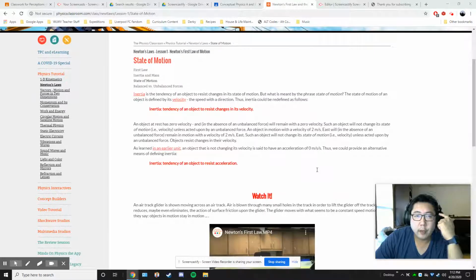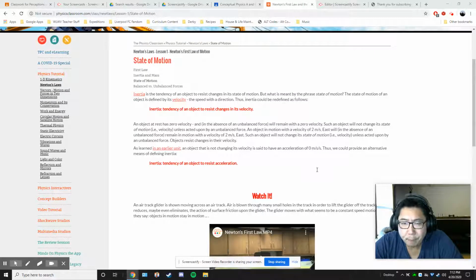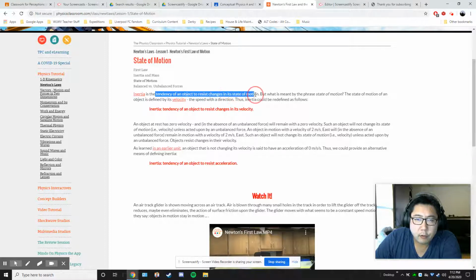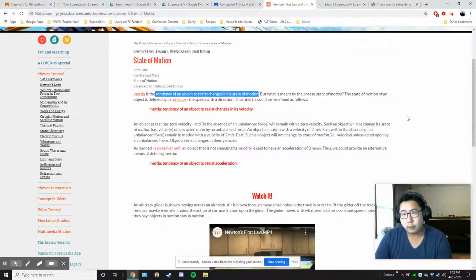We're focusing again more on inertia, understanding the whole state of motion. Just to recap, inertia, as it's stated here, is a natural property in which objects will typically want to either be at rest or be in motion, depending on the circumstances of all the forces that surround it.